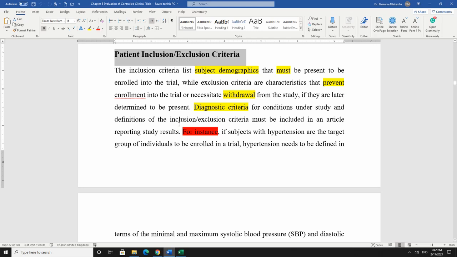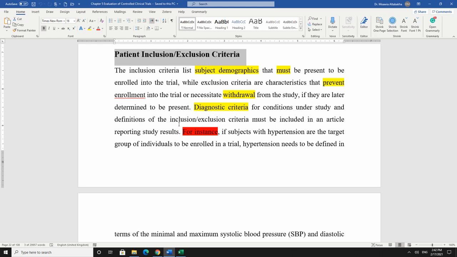Remember that the exclusion criteria will also be applied if such criteria appear even during the study. For example, in my exclusion criteria, and this is usually the case, I will exclude women who are pregnant, lactating, or nursing. So if a woman gets pregnant during the study, then I have to withdraw her from the clinical trial.